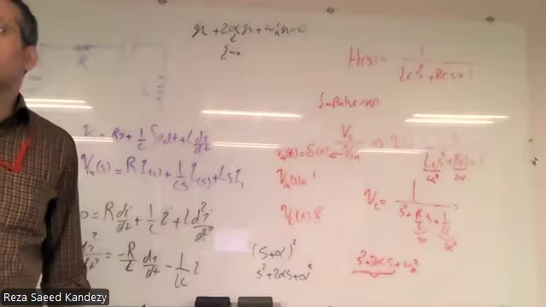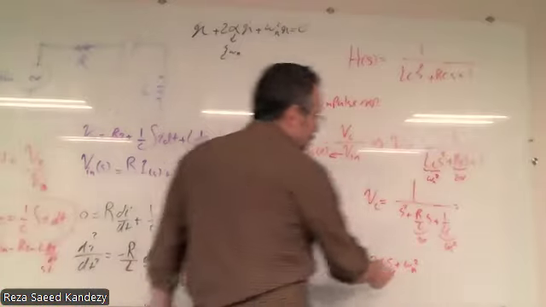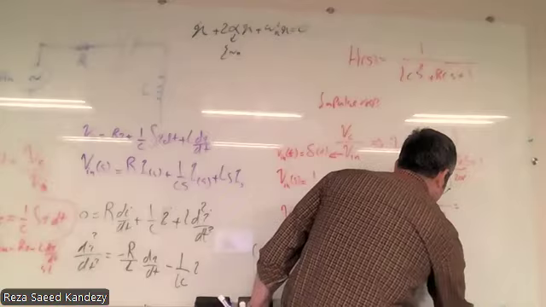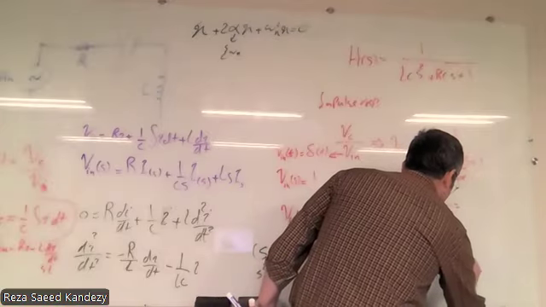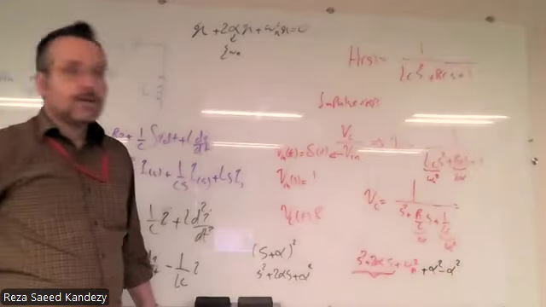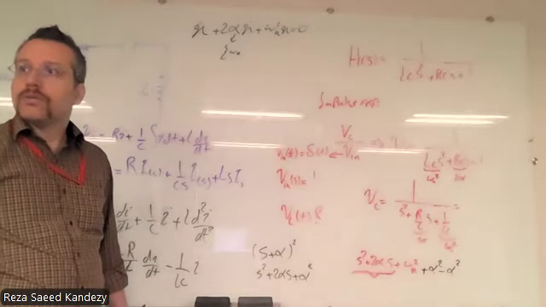You remember that? So I am going to add and subtract alpha squared for the denominator.